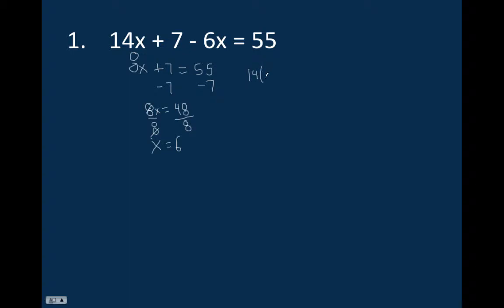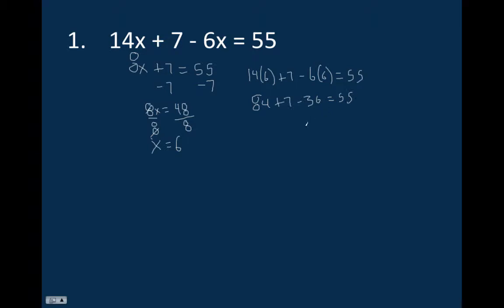Let's put in 14 times 6 plus 7 minus 6 times 6 equals 55. Well, 14 times 6, that's 84, plus 7 minus 36 equals 55.